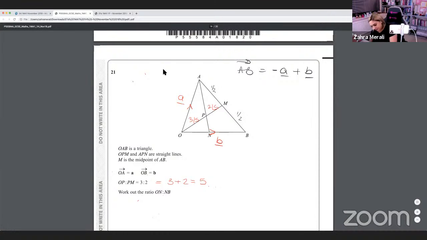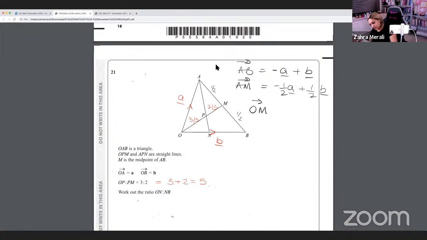So A to M is half of A to B. So minus a half A plus a half B. So that tells me to go from O to M, I'm going to go from O to A plus A to M. So we end up with A minus a half A plus a half B. When we put that together, we get a half A plus a half B.